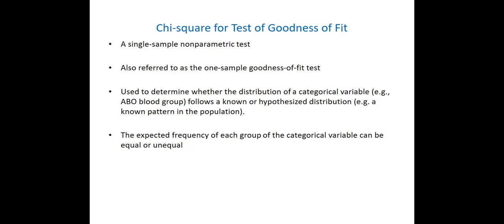What do I mean by that? There are some things that are already known. Maybe from previous work that has been done, the pattern has been established. For example, in many literature, you see the ABO blood group. In the population, we know that blood group O is the commonest.